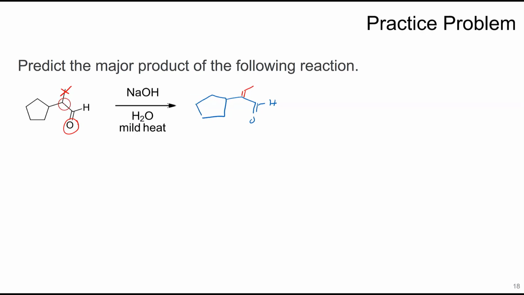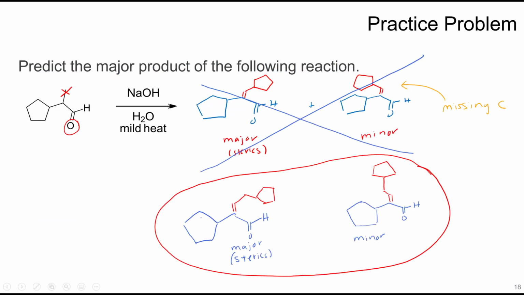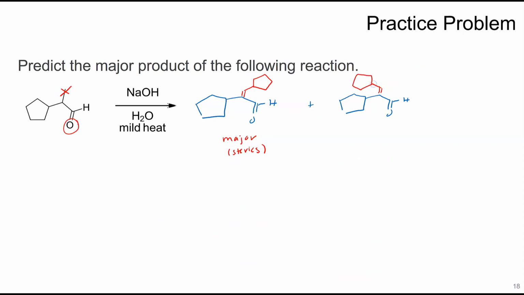And then you have the CH2 and then the cyclopentane ring. So that would be one of the products. This is probably the major one due to sterics. Versus that one right there.